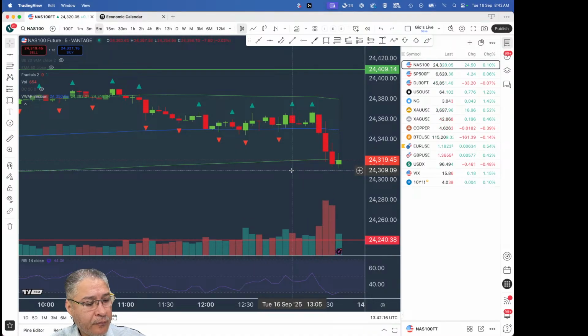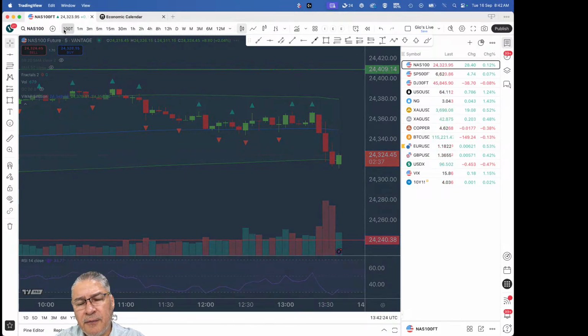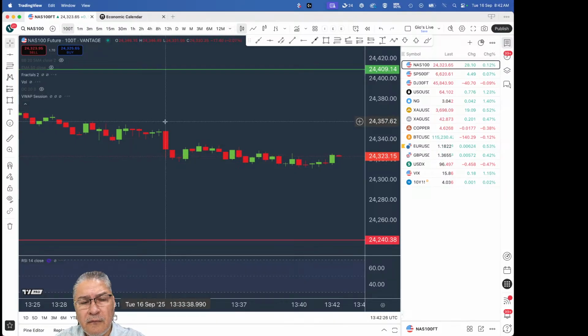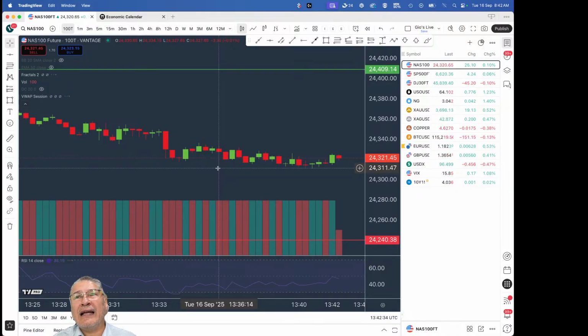Let's see. We're still having a pretty good fight in there. Now let's take a look at 100 ticks and see how that looks. So that's even faster, obviously, than a 1 minute, because each candle has 100 ticks in it.